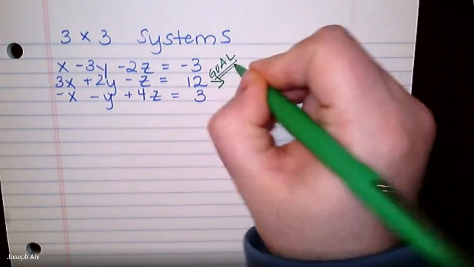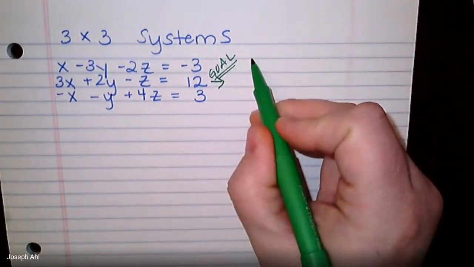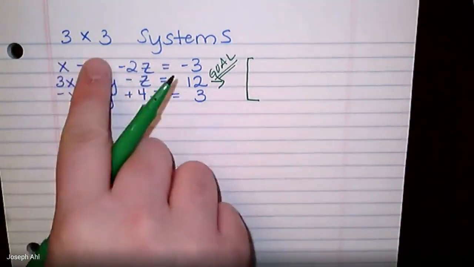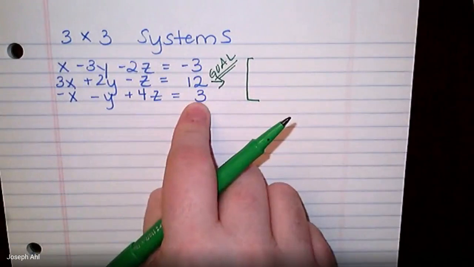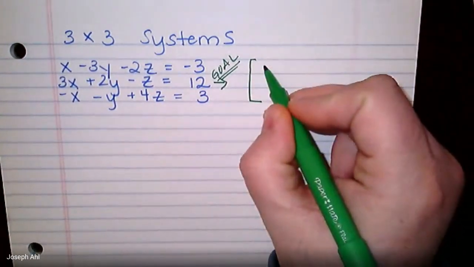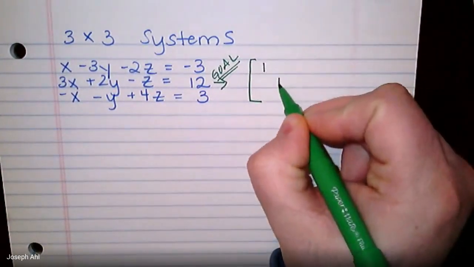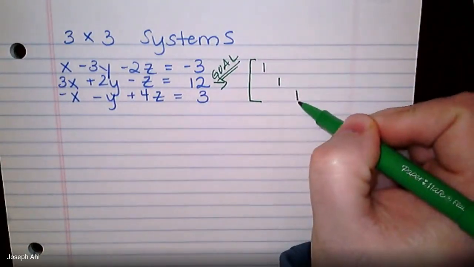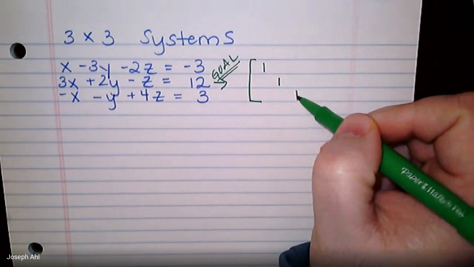So the goal of this whole process is to get this into row echelon form. So if I create a matrix, now we're going to have a 3x4 matrix, 3 rows, 4 columns of numbers from the equation. What we want is we want ones going down on what I call the main diagonal. Okay, the main diagonal is the diagonal that goes down from left to right.